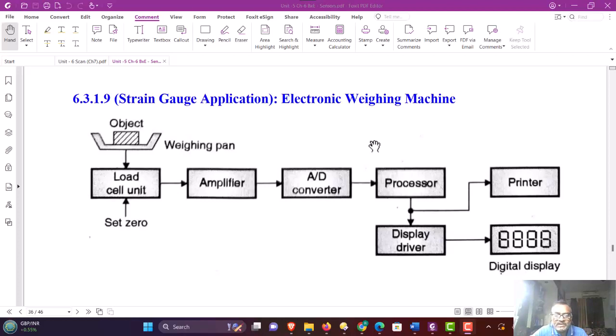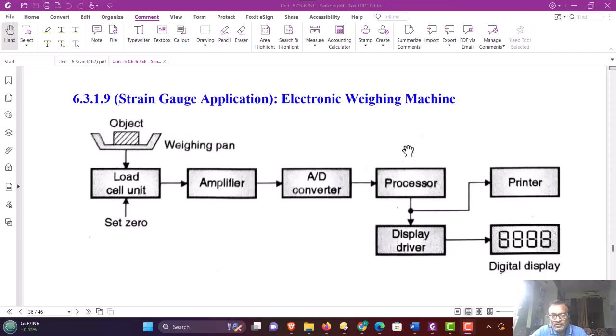A to D converter will be operated under the control of a microprocessor nowadays, and this microprocessor gets the samples of the analog signal converted to digital signal, and those digital readings are stored in the memory of a microprocessor based system.